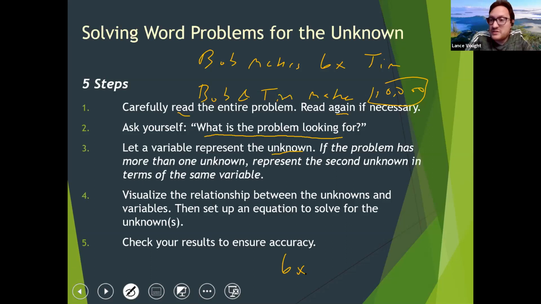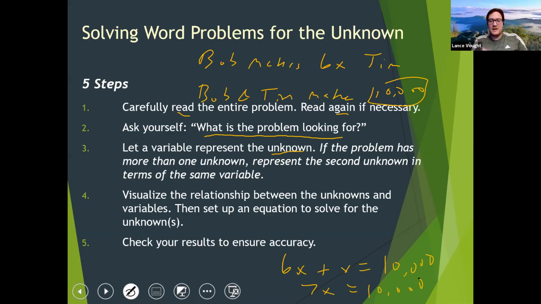So we know Bob's is going to be 6 times whatever Tim's salary is. And then Tim's salary is just going to be X. That equals 10,000. Since they're both expressed in X, we can combine these. We get 7X is equal to 10,000.